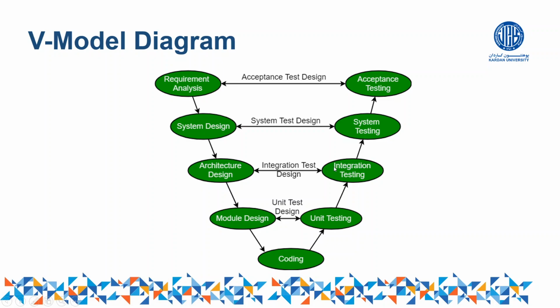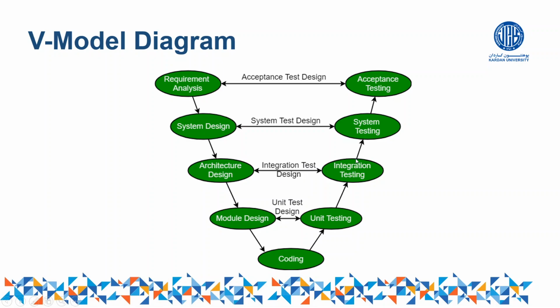Now, what do we do in integration testing? Remember that integration testing will be done according to the test design document that we produced during the architectural design of the software system. The integration testing is done according to the integration test design document, and this design document is produced here in the architectural design.